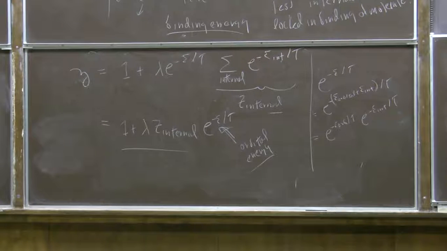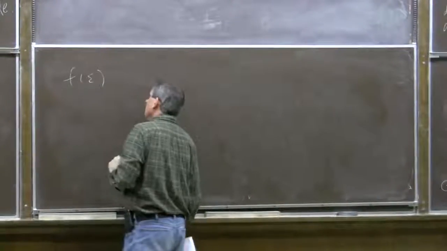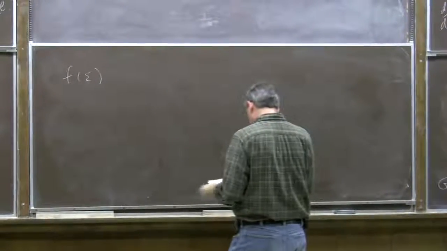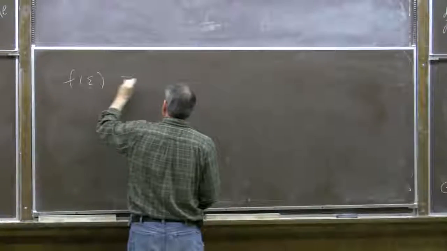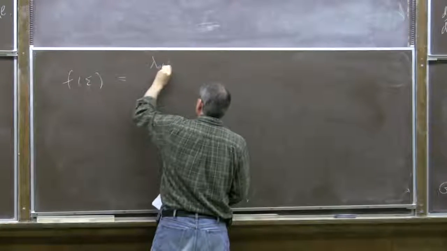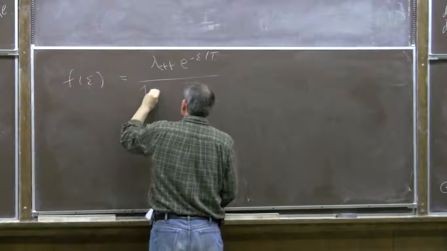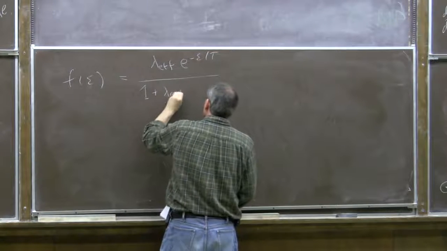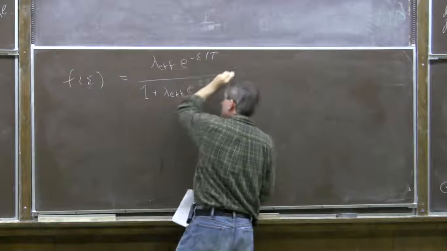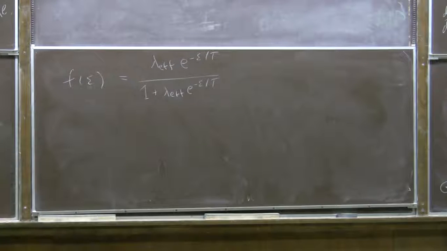The expectation value when we're deep in the classical regime for the number of particles in an orbital with energy epsilon will be, I'll call it lambda effective, e to the minus epsilon over tau divided by 1 plus lambda effective e to the minus epsilon over tau. And this is what I mean by lambda effective: lambda times z internal.